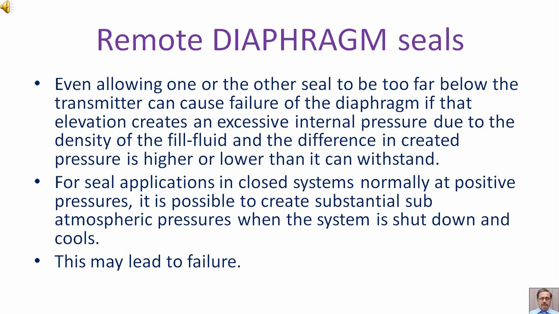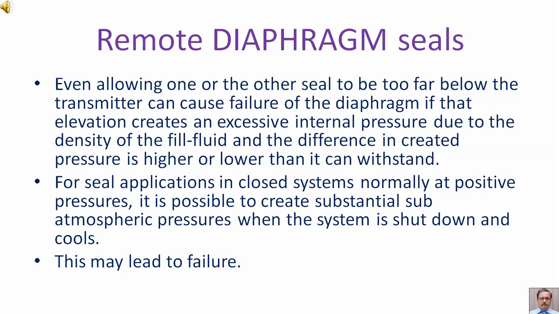Even allowing one or the other seal to be too far below the transmitter can cause failure of the diaphragm if that elevation creates an excessive internal pressure due to the density of the fill fluid and the difference in created pressure is higher or lower than it can withstand.